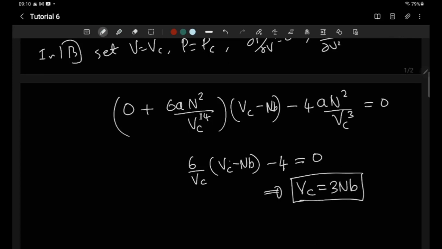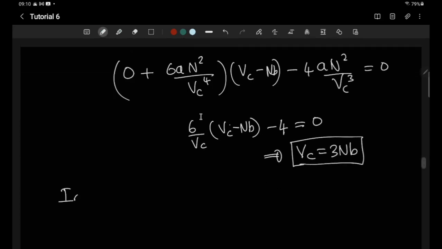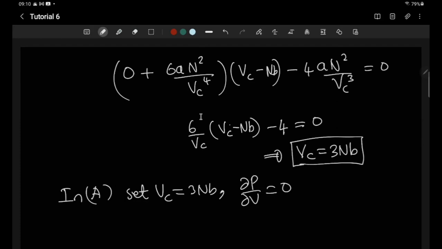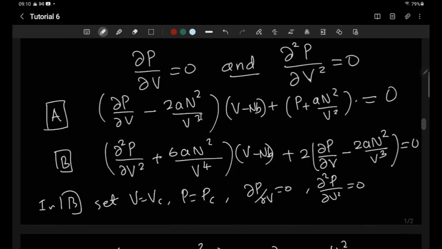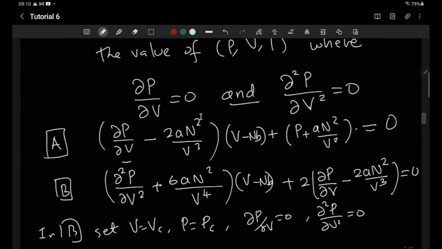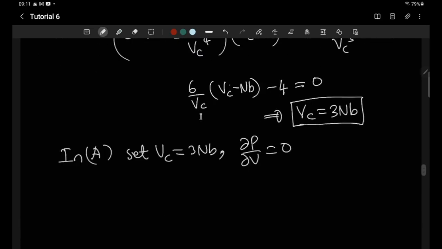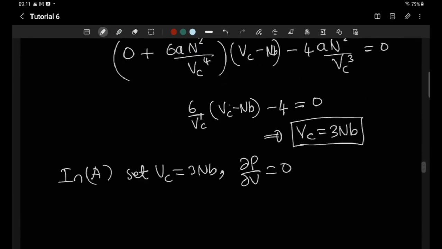Thank you. Now what we will do is go back to A and set Vc equal to 3nb, and of course dP by dV should be 0. If we do this, this term goes to 0, and this just becomes 2nb. So let's write those things out and then take it from there.